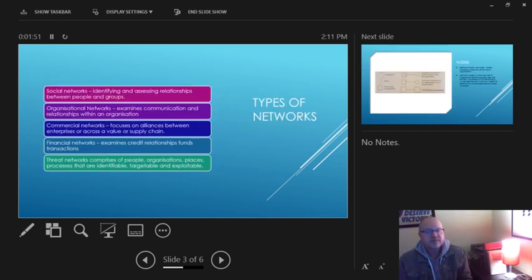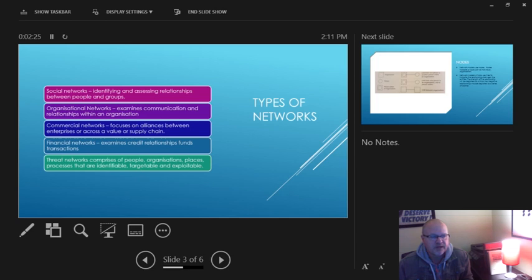So there are different types of networks. There's the social network, which looks at relationships between people or between groups. There's the organizational networks, which tend to look at communication relationships within an organization. Commercial networks look at alliances between different organizational companies, also supply chains and so forth. Financial networks look at the relationship of funds transactions, so between organizations or people.